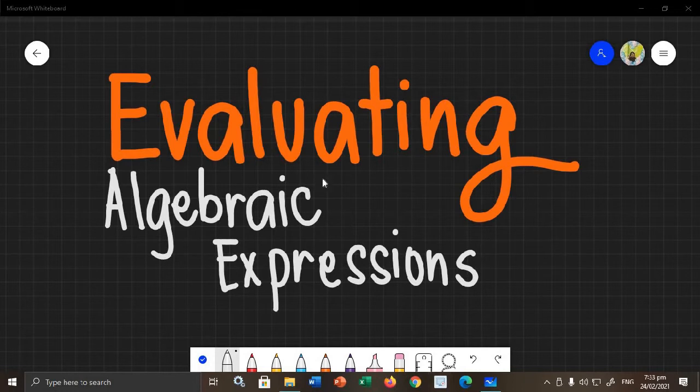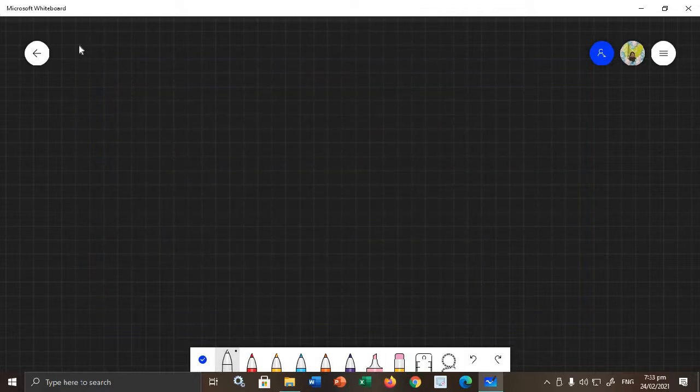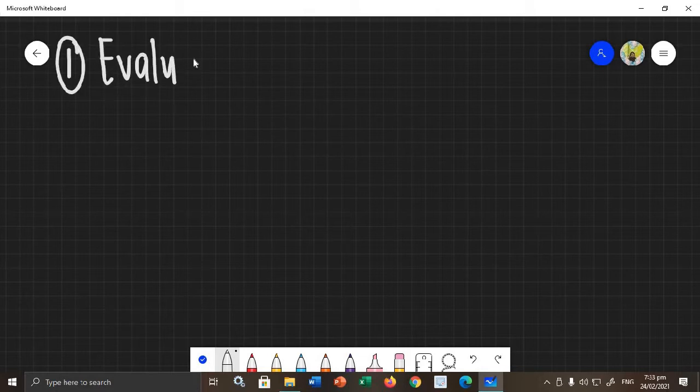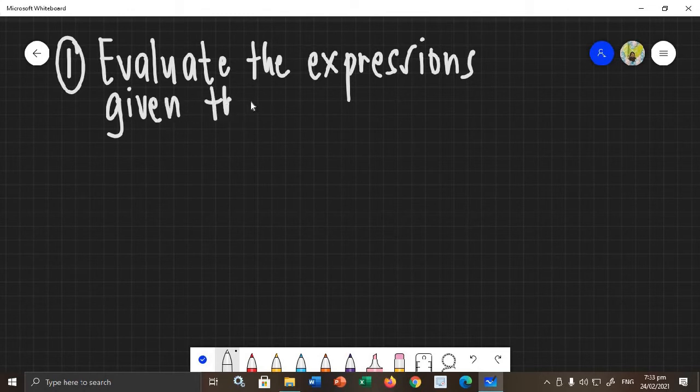Let's start with the first example. Let's say we will evaluate the expressions below, given that x is equal to 2.